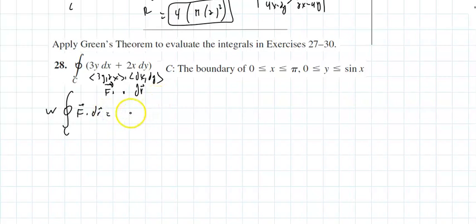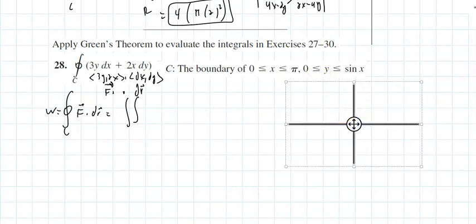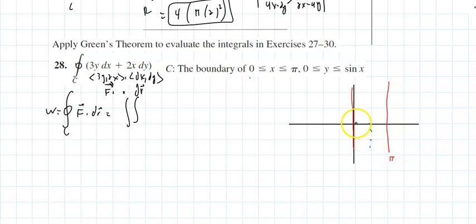And we know what that is. That is the double integral over this region. And let's see what the region looks like. We have x running from x equals 0 to x equal pi, and y runs from 0 to y equal the sine of x. They're talking about this region.